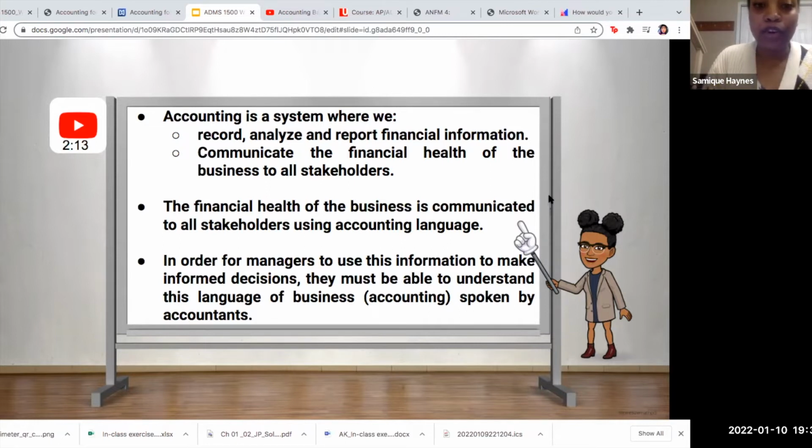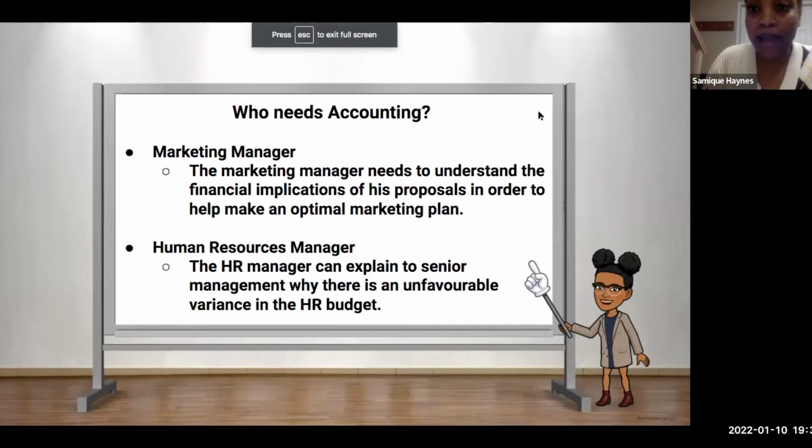So if you're going to be going into marketing, you might need to make some decisions as the marketing manager. For example, you need to be able to understand accounting so you can have some way of justifying your marketing plan.